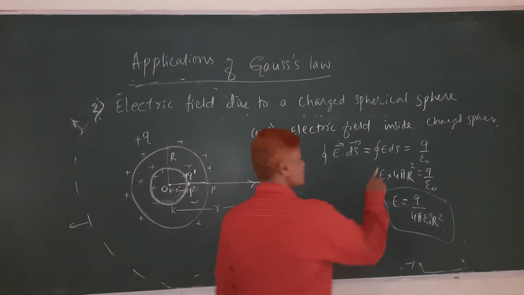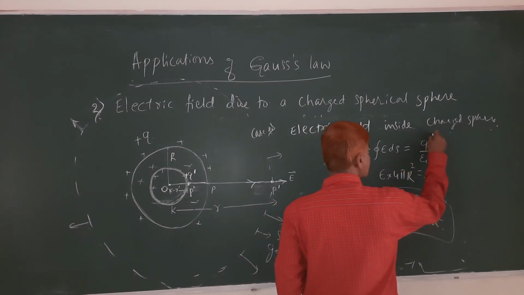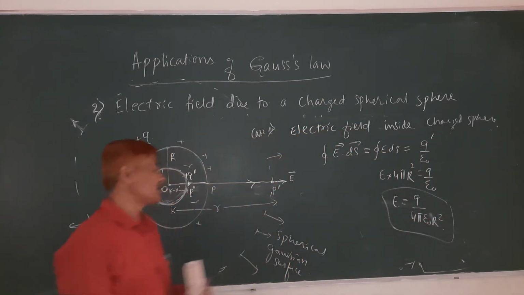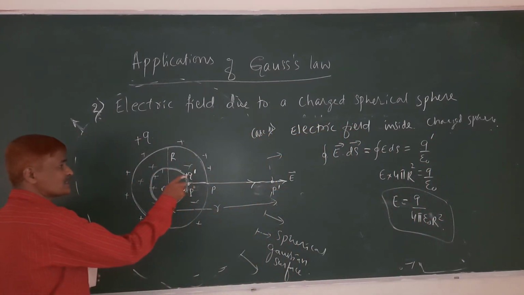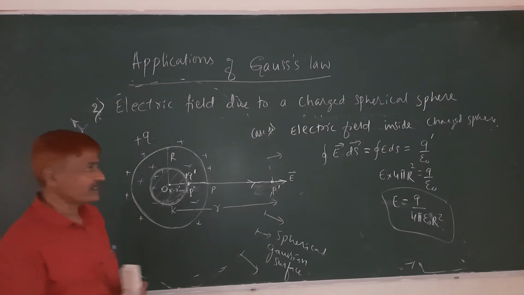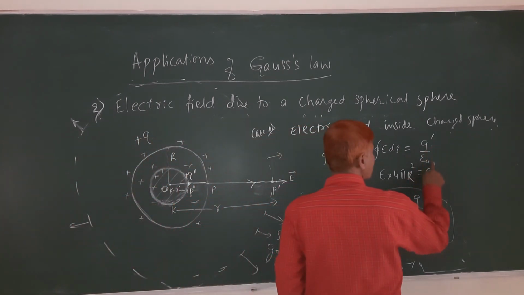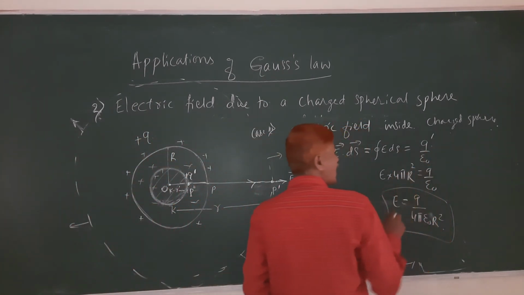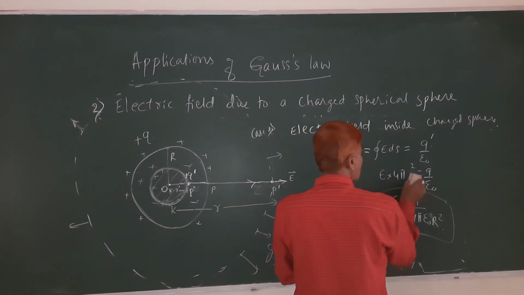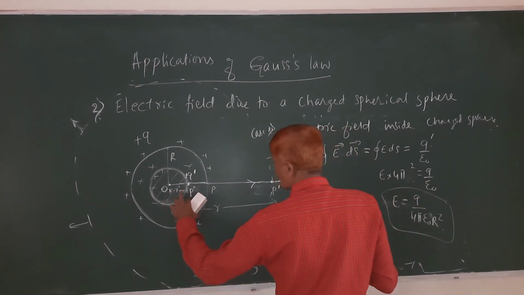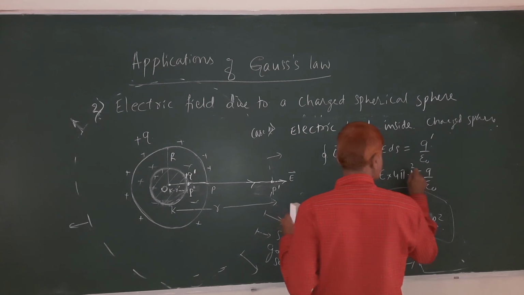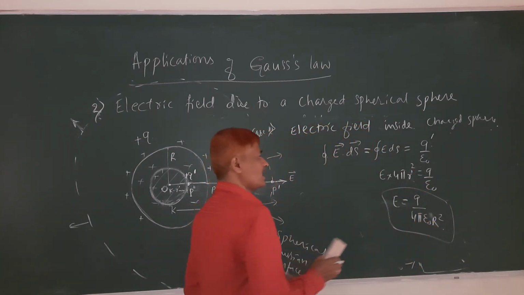Then this becomes E into ds equal to q dash divided by epsilon, where q dash is the charge on this inner sphere. Q dash divided by epsilon, and this becomes r dash square.